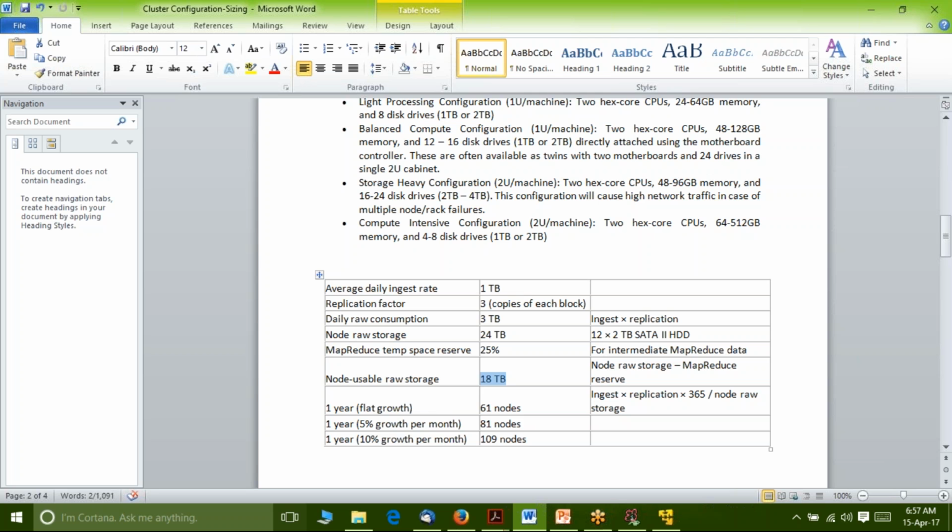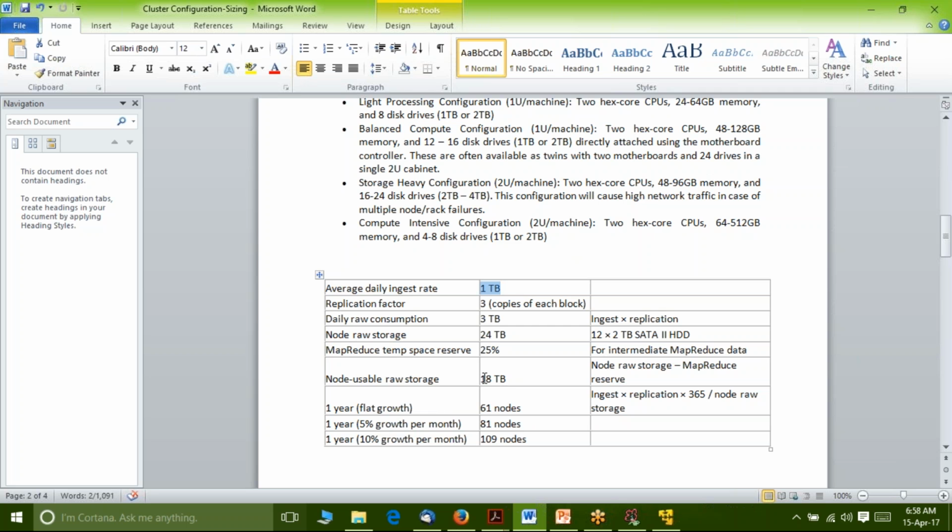It should be multiplied by 3, right? 365 into 3, sure. Now we are talking about an average daily ingestion rate of 1 TB, so you require 365 TB alone for your storage. And when it comes to the replication of 3, we require 3 times of that.